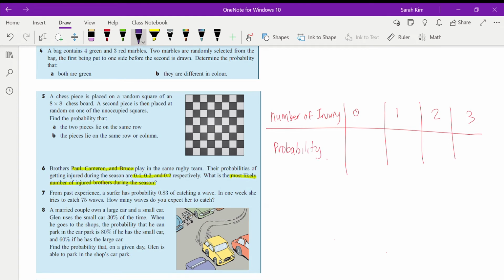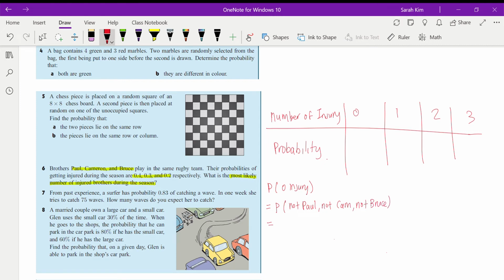So let's start with 0 injuries. Probability of 0 injuries. That means the probability of Paul not getting injured, not Cam, not Bruce.